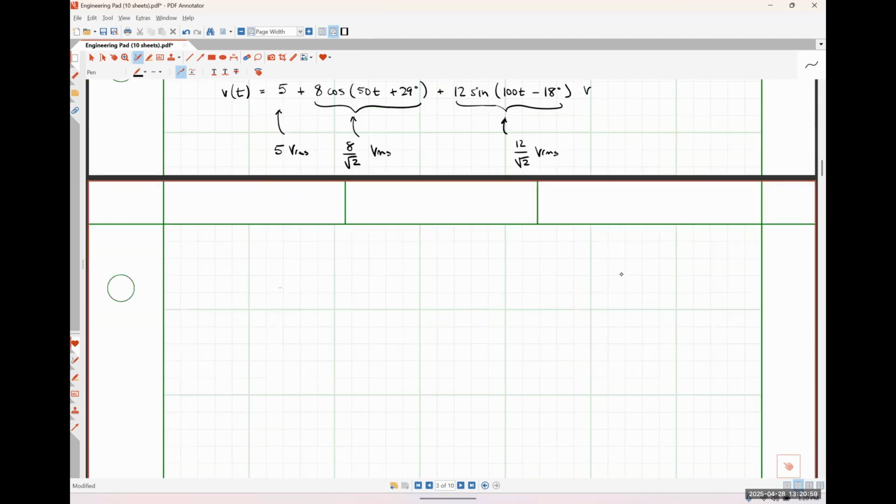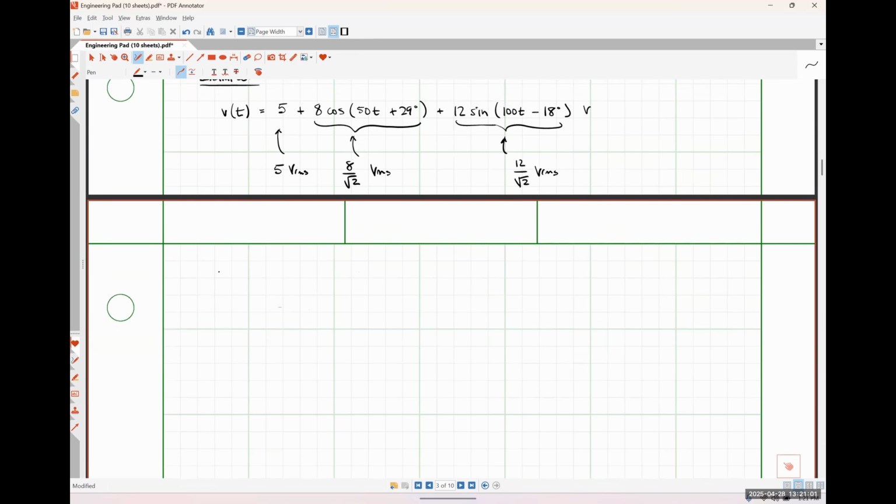So putting these things together, we could then say that our effective value is going to be simply the square root of 5 squared plus 8 over the square root of 2 squared plus 12 over the square root of 2 squared. And if I throw that into my calculator, I want square root, not cube root.